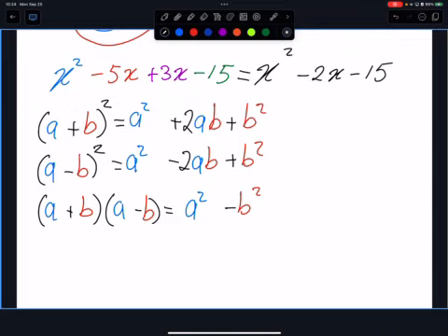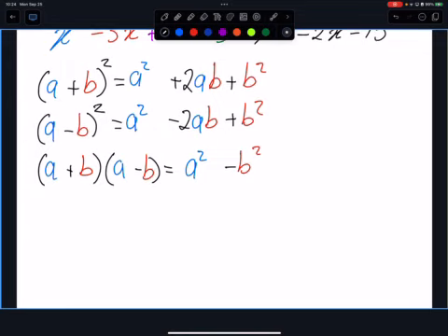For example, the first one, when you get a special product, a plus b squared, the answer is always a squared plus 2ab plus b squared. Always.